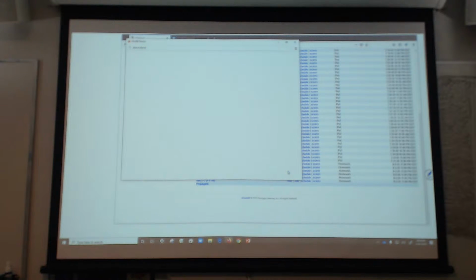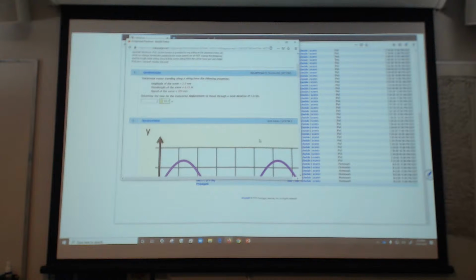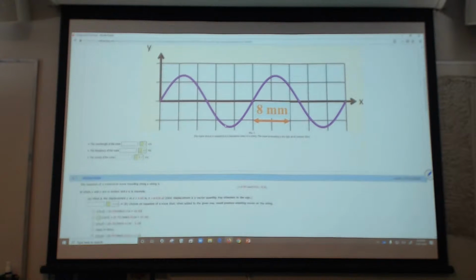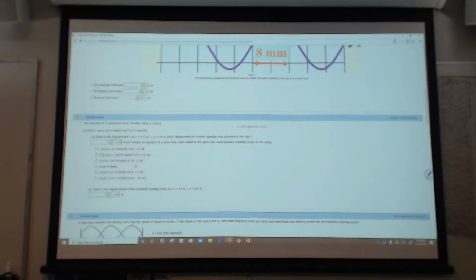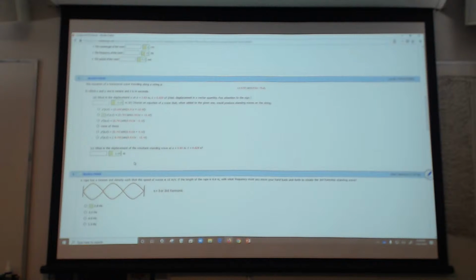Homework 2, part 4. Oh, this is the right one. This is question number 3. This is basically when you have to make sure you're using radians, because you have to use International System of Units for all your calculations here.